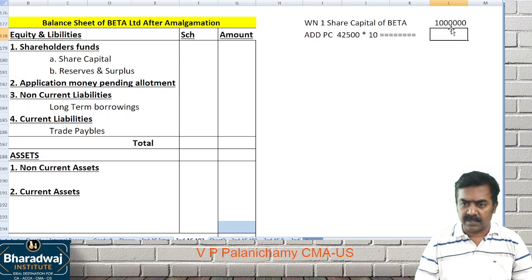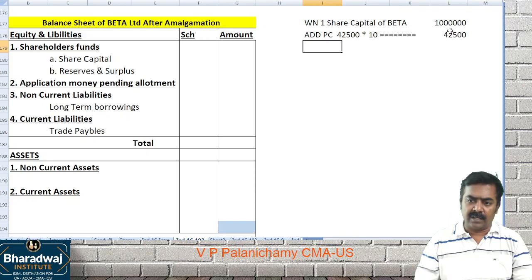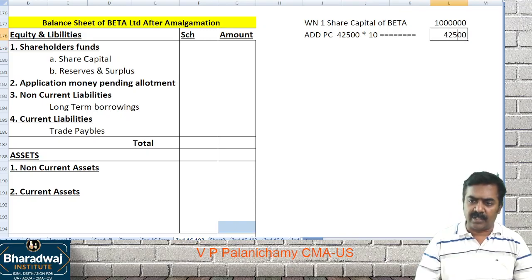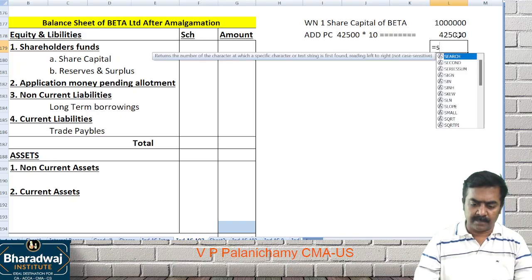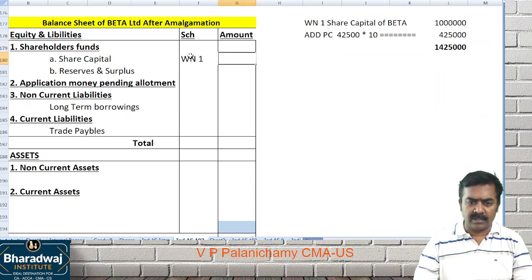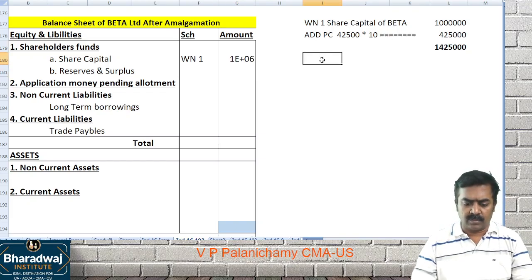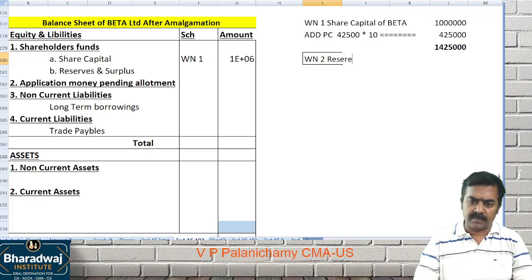Reserves and surplus. So 42,500 into 10, 4,25,000. Capital portion will come here. So working note 1, 14,25,000. Working note 2, reserves and surplus.